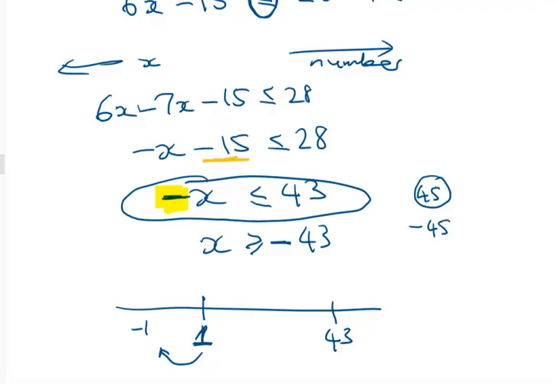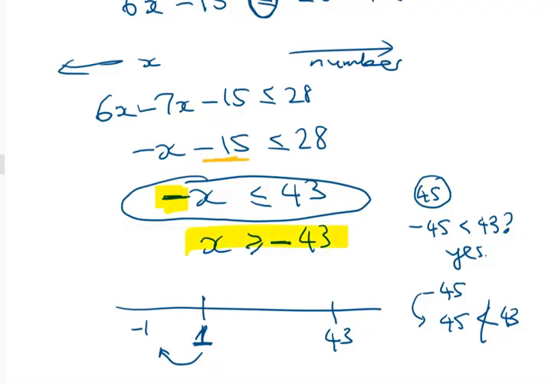Is negative 45 less than 43? Yes, it is. What if I pick negative 45? If I do the negative of that, then I get positive 45, and that is not less than 43. So it's worth always doing some checking to see what's happening. Okay, so our solution here is that x has to be greater than or equal to negative 43, because when I did this last step, I actually divided by negative 1.